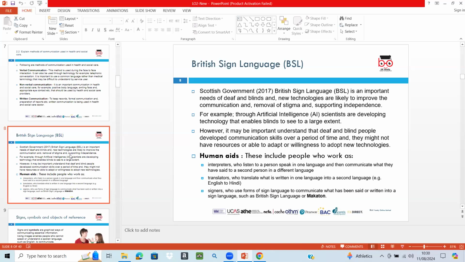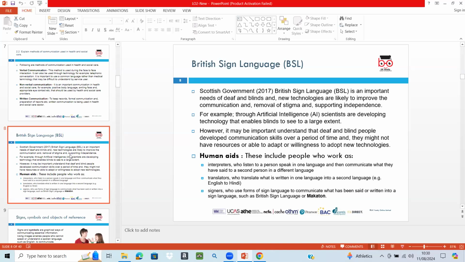It's important to recognize that British Sign Language is a language with its own grammar and syntax distinct from English. When we follow British Sign Language, we support the independence of the service user.